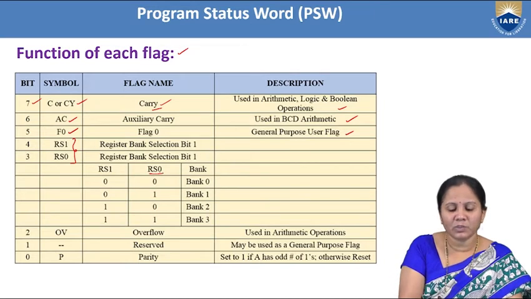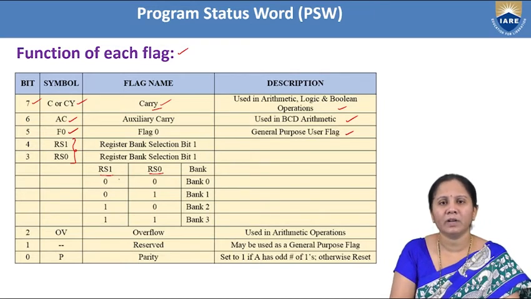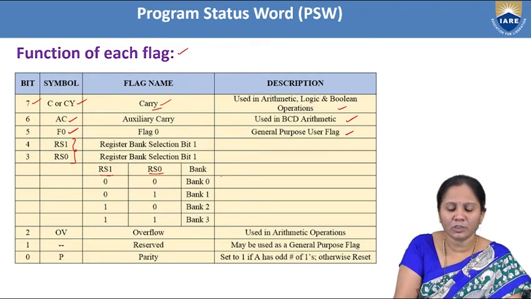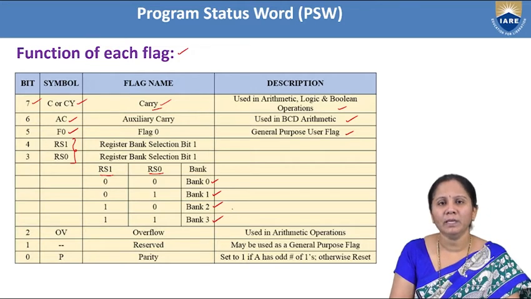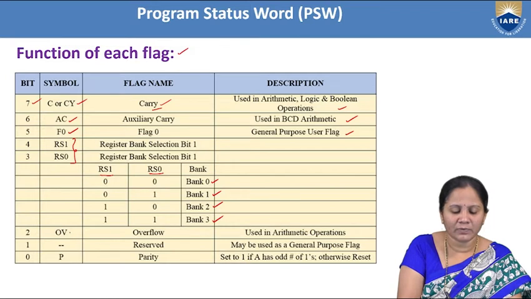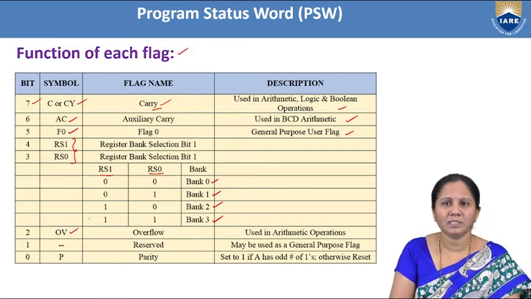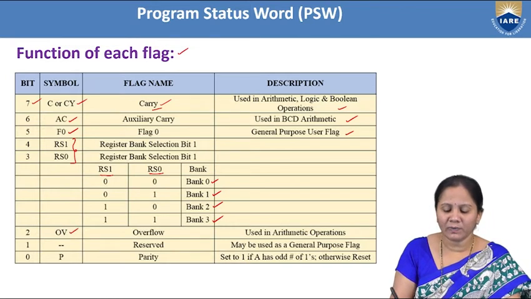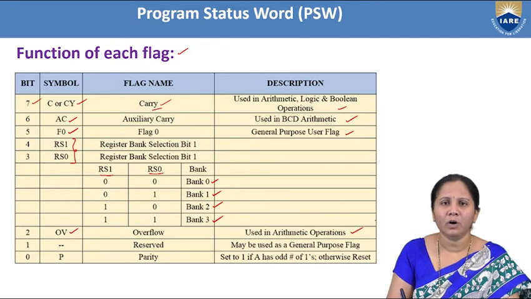With the help of these 2 bits present in the flag register, the register banks will be selected. If it is 00, bank 0 is selected, 01, bank 1 is selected, 10, bank 2 is selected, and 11, bank 3 will be selected. So, though there are 4 banks available, at a time only 1 bank will be operating. The next flag is OV, which represents overflow. This flag is used in arithmetic operations.